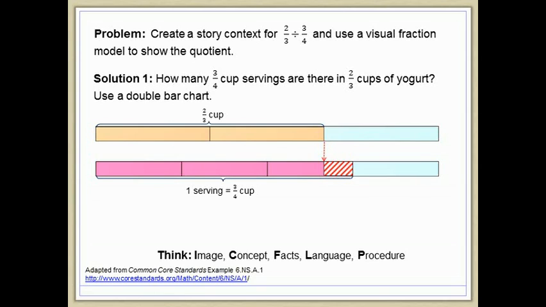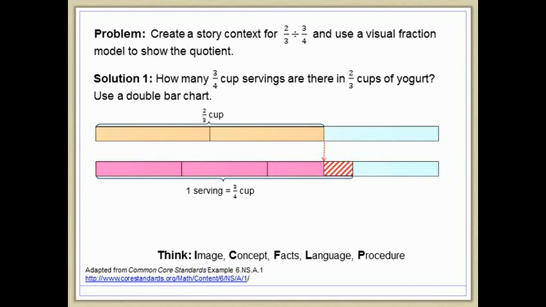So this is a piece that's left over, and we want to know of this whole, what was previously shaded pink, that whole part, what part is this? If we know what part this is, then we can figure out what the fraction is. So it all boils down to the size of this unit here.